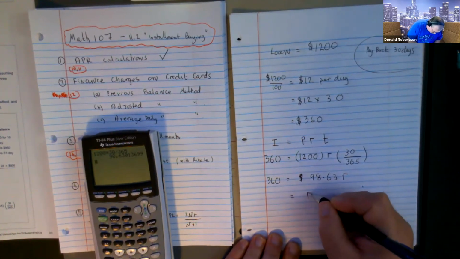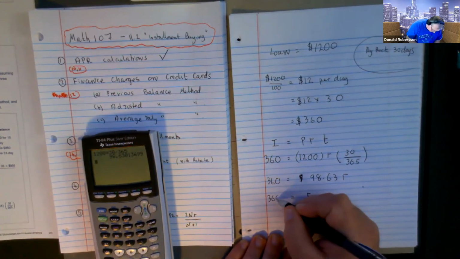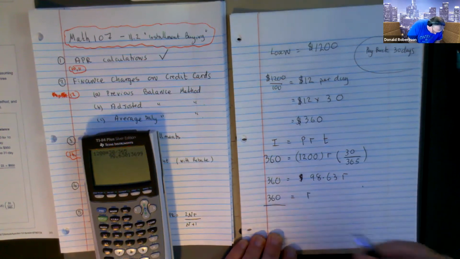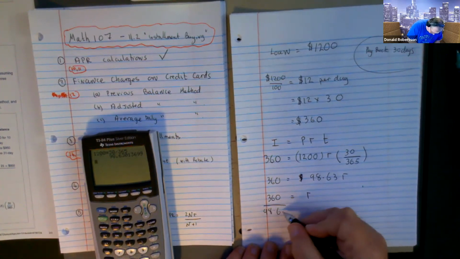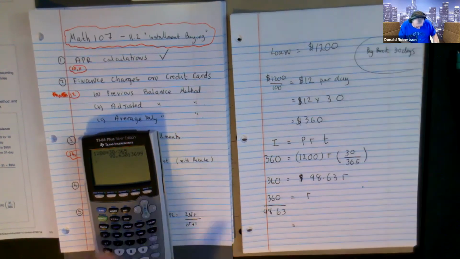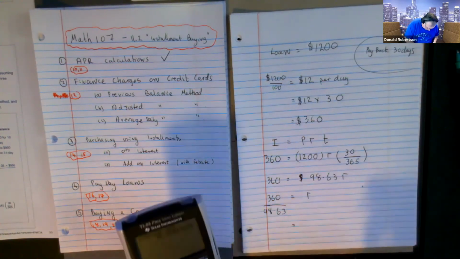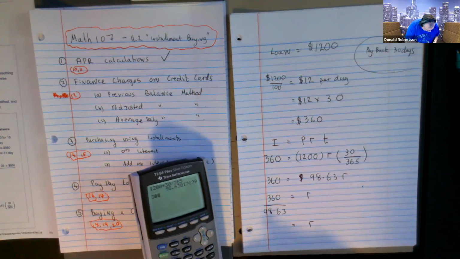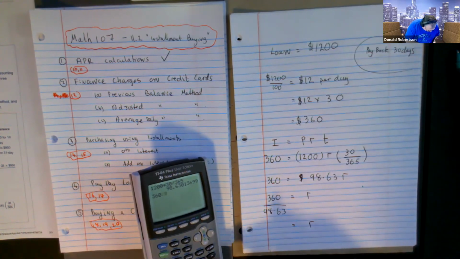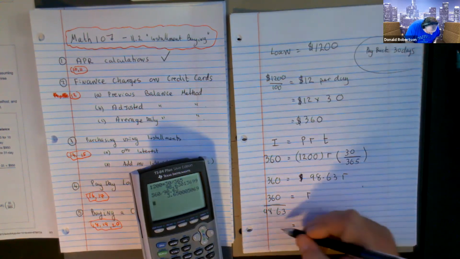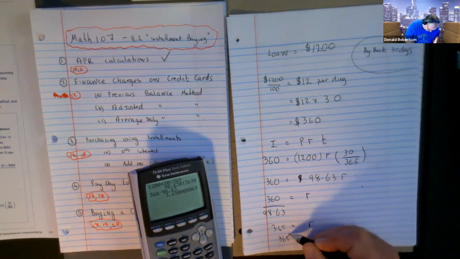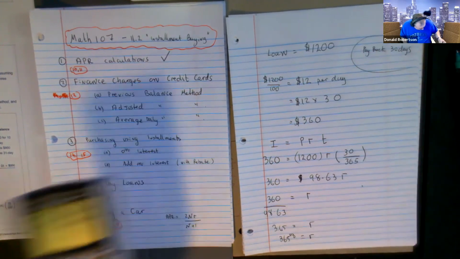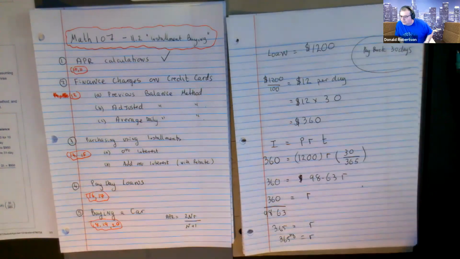So R is going to be 360 over 98.63. So 360 on the top divided by 98.63, and the answer I got is 365%. Oh God, it's still horrible, isn't it?